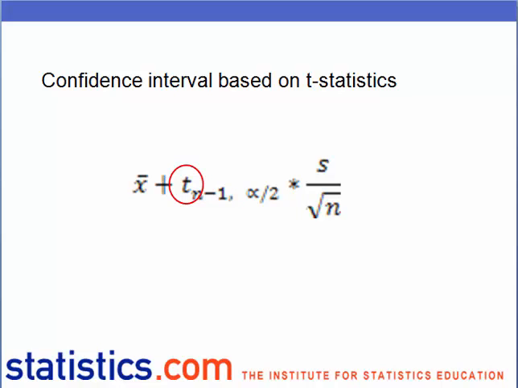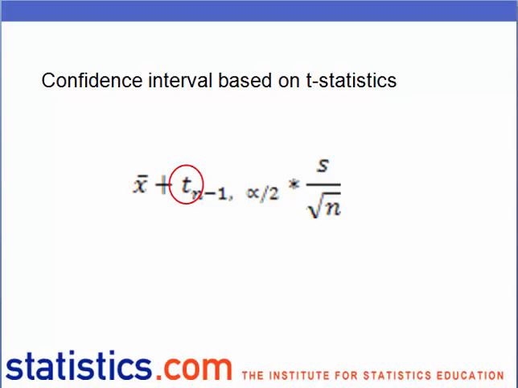Okay, once we know our sample size, we know n minus 1, and we know alpha is what's left over after the confidence interval divided by 2. For a given sample size and a given alpha, there's going to be a single t value.